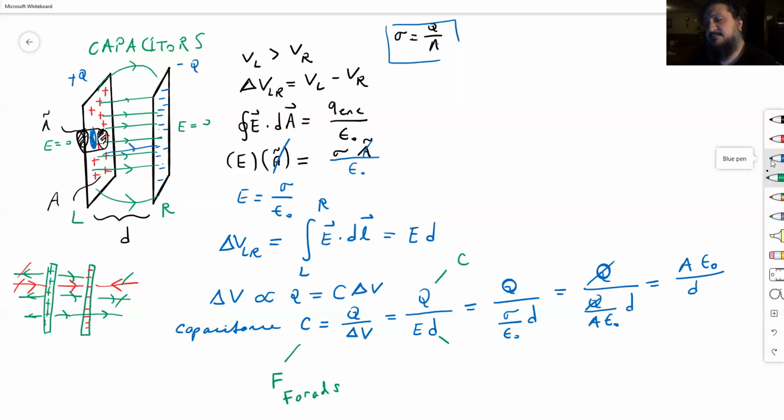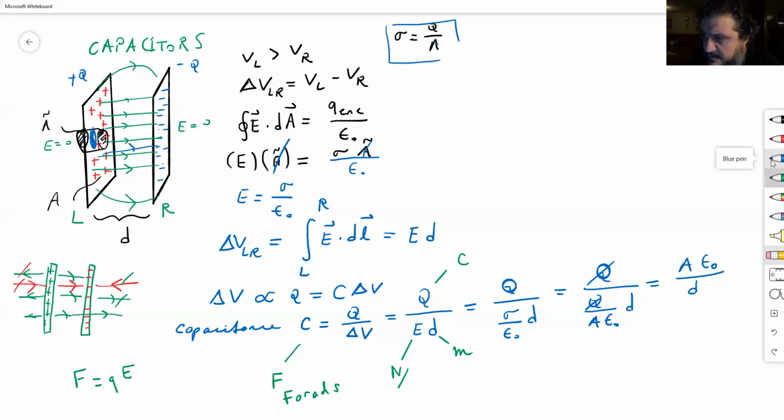This is in meters, and electric field is in newtons per coulombs, if you remember from the basic force law, F equals Q times E. Sorry, I meant coulombs, not meters.